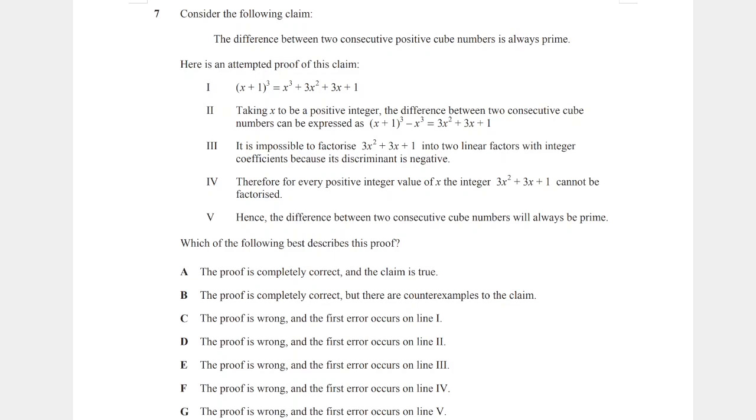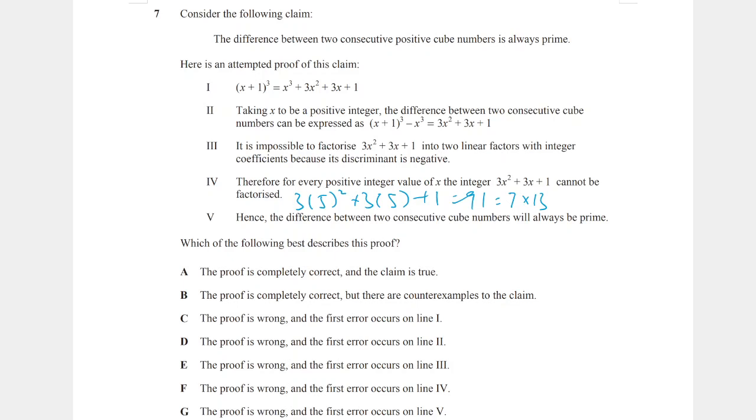But then, I can easily find a counterexample here. For example, 3 times 5 squared plus 3 times 5 plus 1. This is 91. And people think 91 is prime, but it's not. It's 7 times 13. Okay, so it is factorizable.